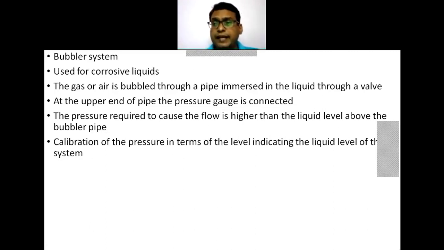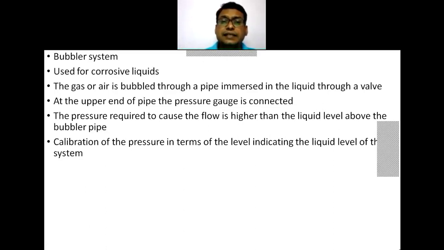And from the lower end, the bubbles will move inside the tank. So the pressure required to cause the flow is higher than the liquid level above the bubble pipe. So this liquid level exerts the back pressure for the air bubbles to move out from the tube.